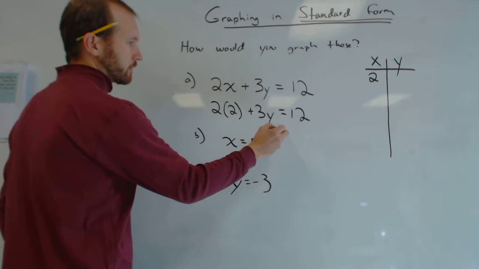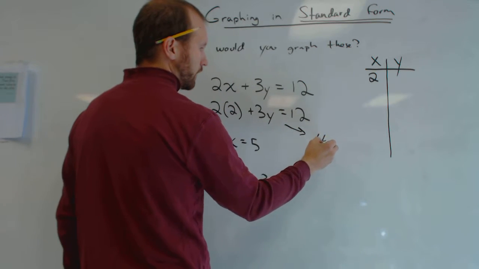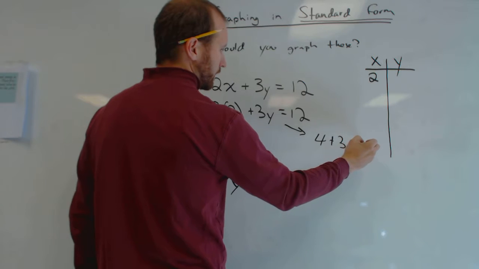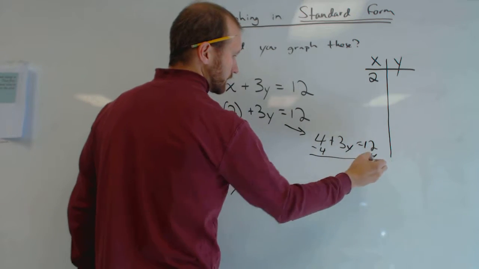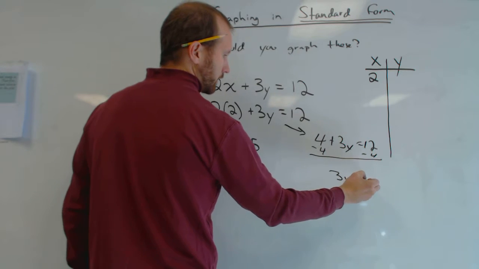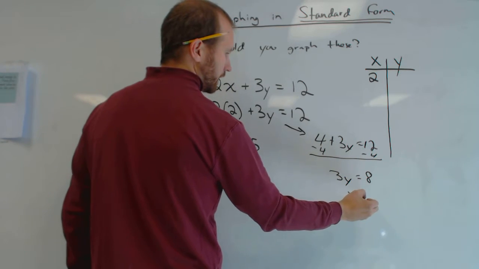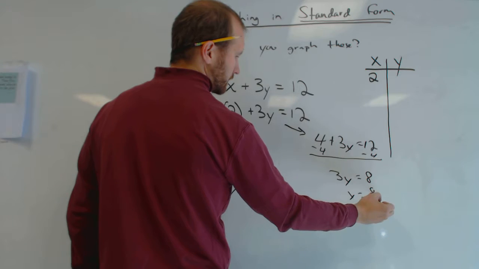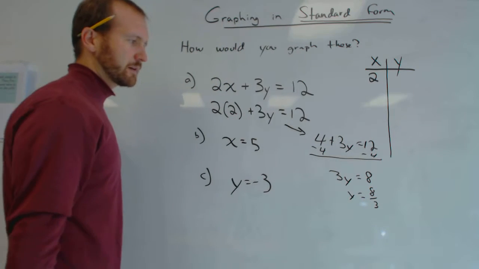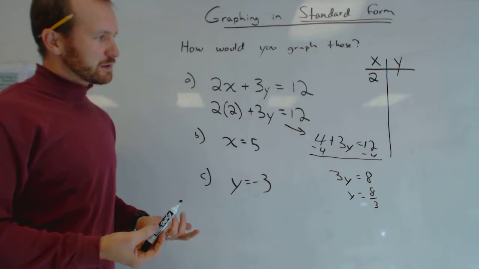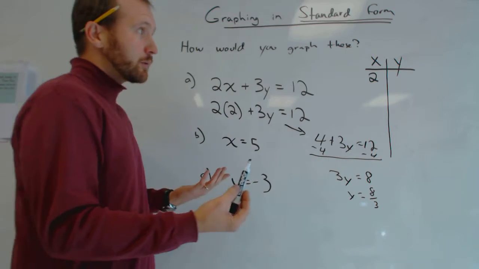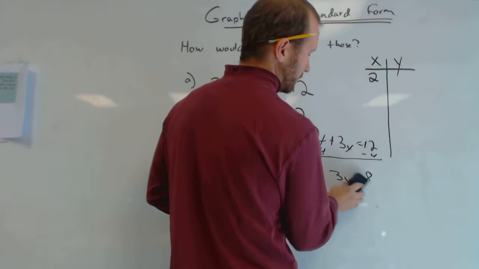So we'd have 4 plus 3y equals 12. Subtract 4 from both sides. 3y equals 8. y equals 8 thirds. That's a point on our graph. It's not a particularly useful point. But we could plot it if we wanted to.